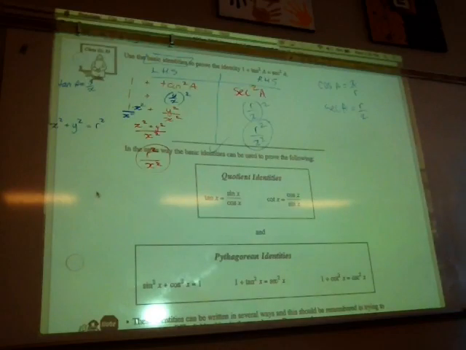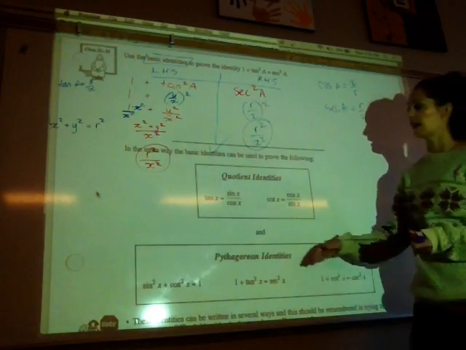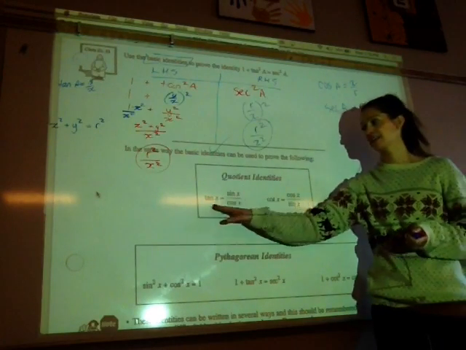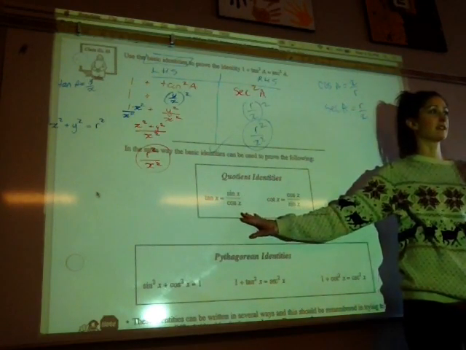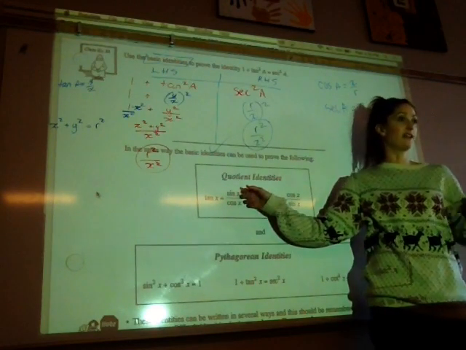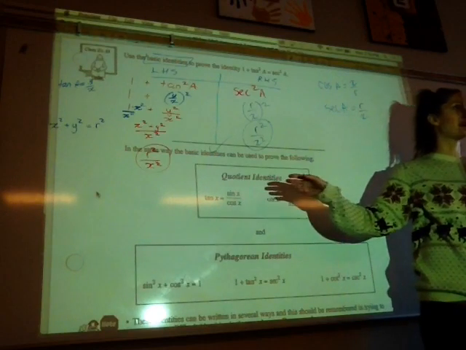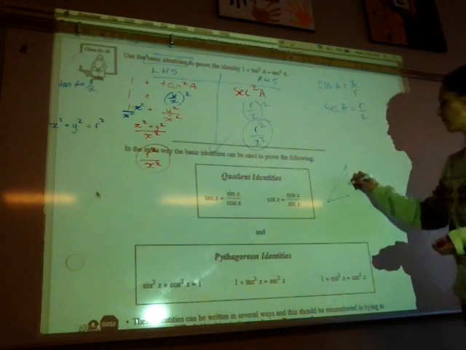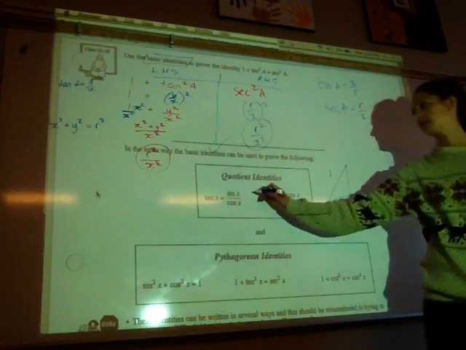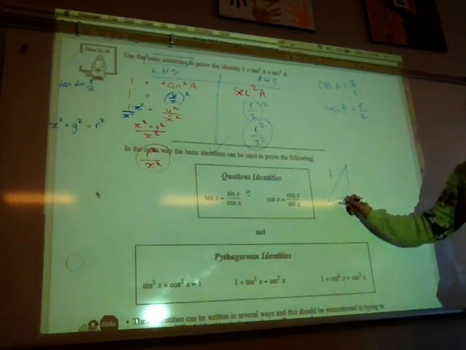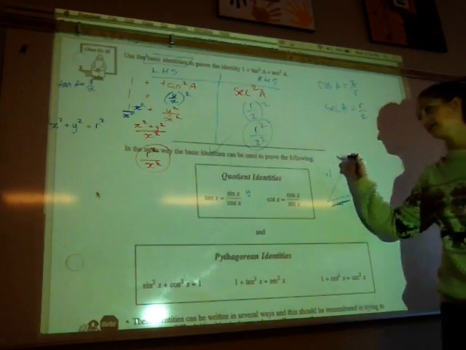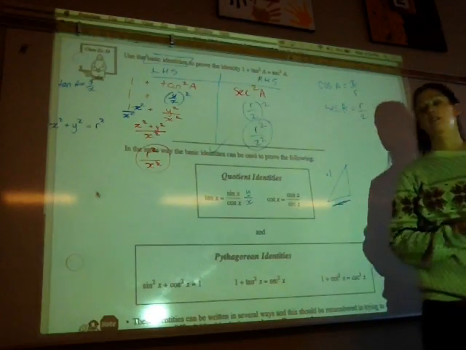Okay, so now we have a few more identities that we're going to introduce. The quotient identities, so we're dividing the trig ratios. Tan x equals sine x over cosine x, and hopefully that rings a bell because sine is typically y, or opposite over hypotenuse. But remember on our unit circle, the hypotenuse is always 1. So sine is like our y, and cosine would be adjacent over hypotenuse, so x over 1, but because it's divided by 1, it's just x.